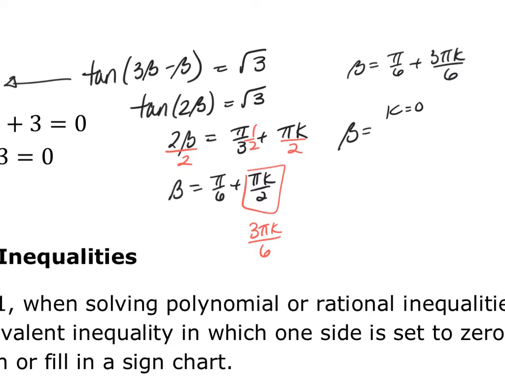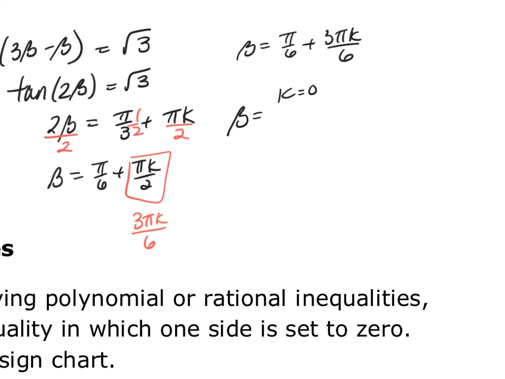When k equals 0, what do I get? Pi over 6. When k equals 1, what do I get? I get 3 pi over 6, which is, I get 4 pi over 6, which is 2 pi over 3. Right?